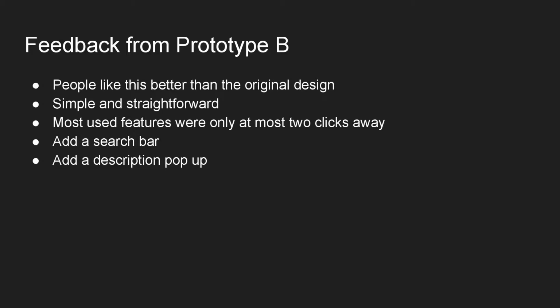They proposed adding a search bar to make finding tools that were still a little troublesome to find a little easier, and they suggested adding a pop-up description to help the user know what tools did what.